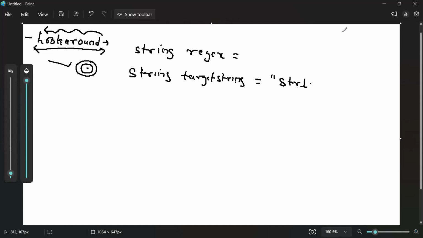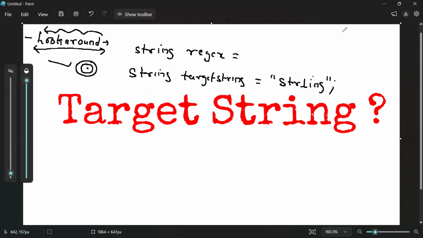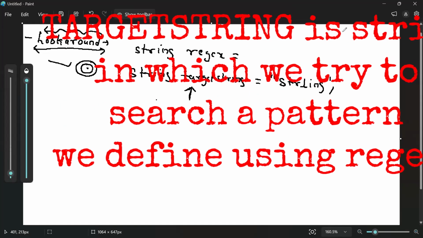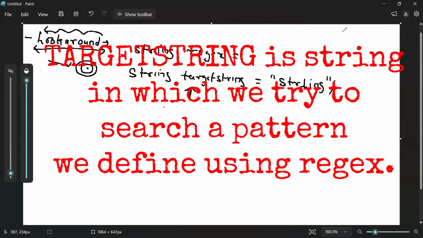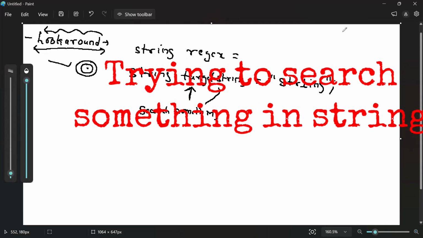So let's say I have this target string called str1, in quotes, with a semicolon. This is the target string. Target string means we are trying to search something in this string.